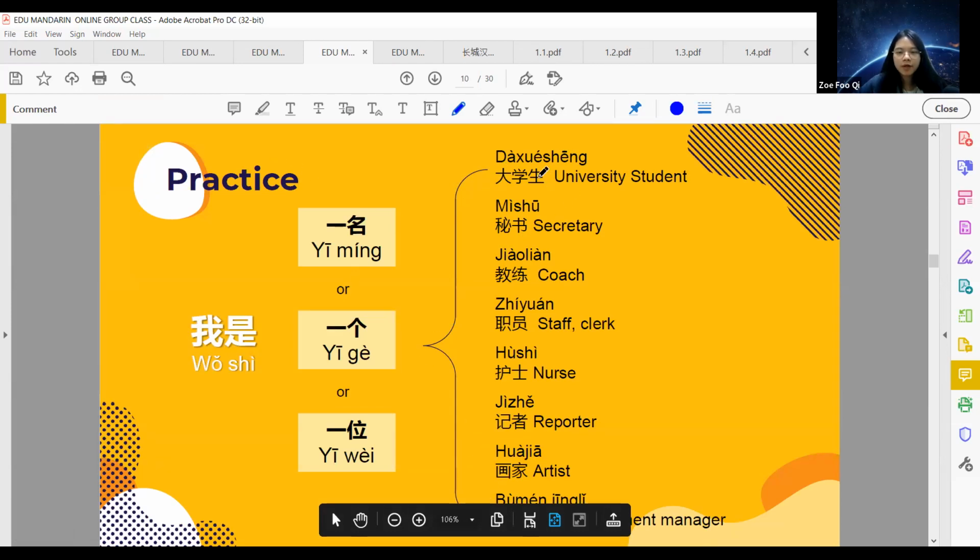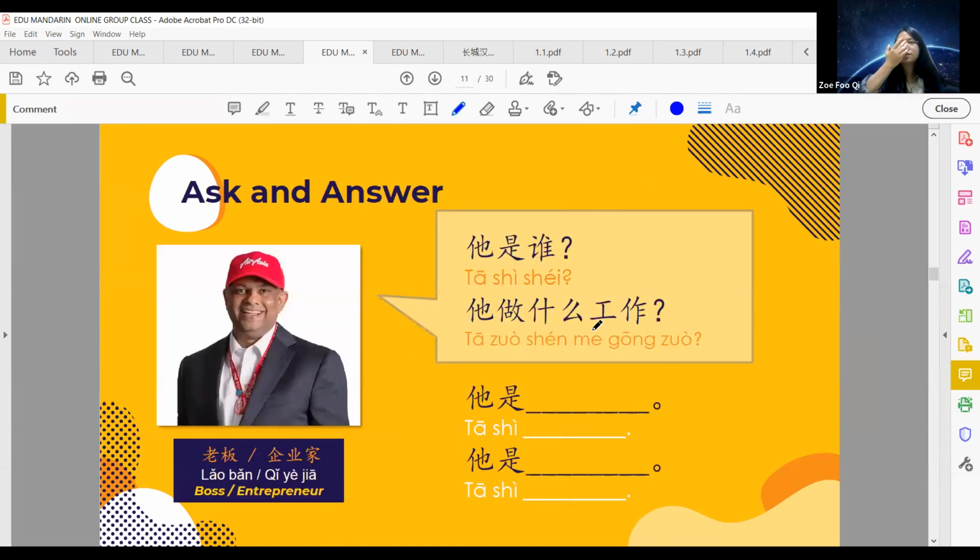So it's more and more you can use. Okay, so if you want to say I'm a university student, there will be 我是一名大学生, 我是一名记者, 我是一位部门经理, 我是一个护士。Okay, so this one is the practices.